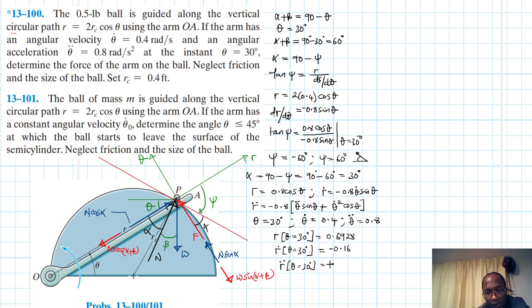So here we get a minus 0.4309. That's 0.4 squared cos 30 plus 0.8 by sine 30 and by 0.8, which is 0.4309.